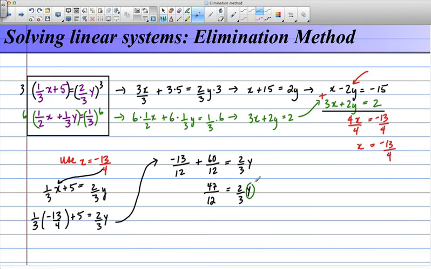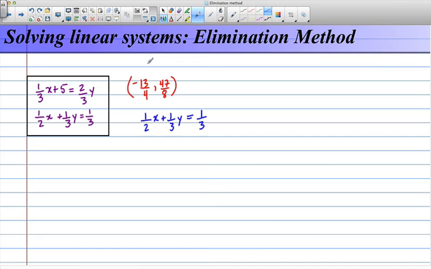We want the y by itself, so we'll multiply. So y is equal to, 3 is a common factor, 47/8. We have a solution then of negative 13/4, comma 47/8. And we better check it.